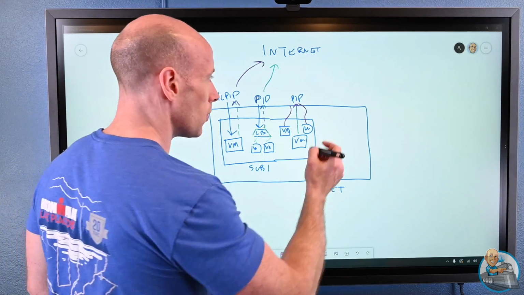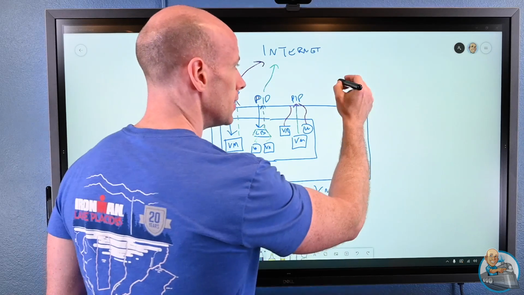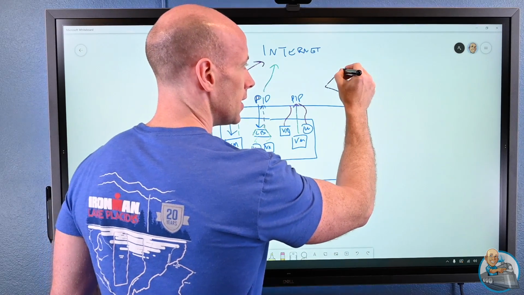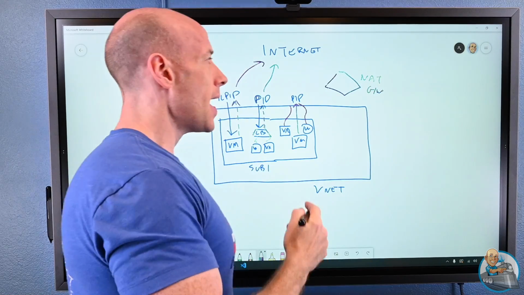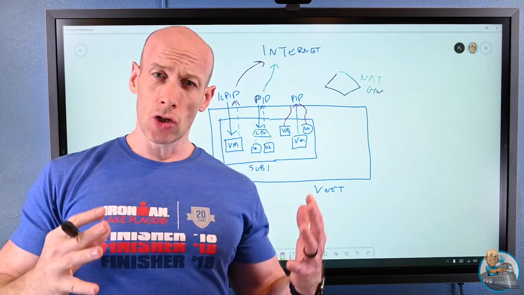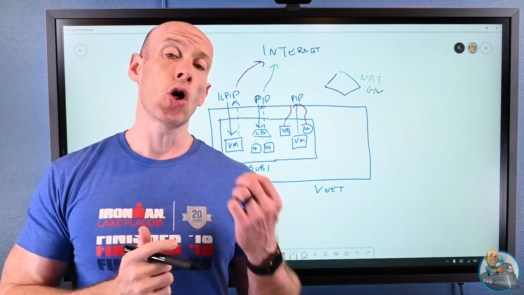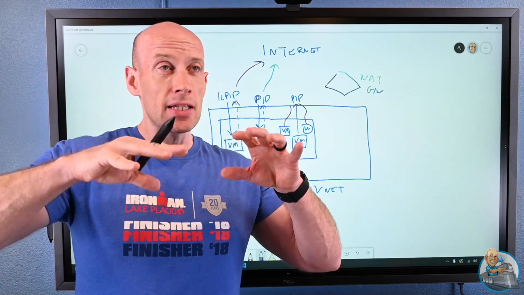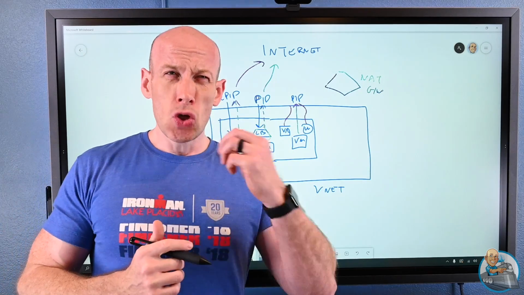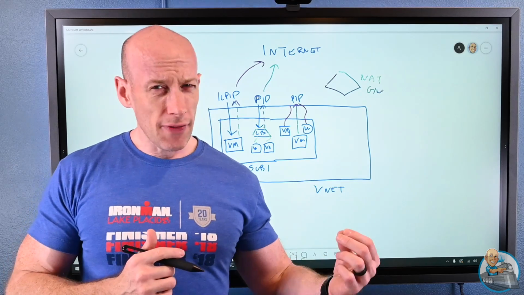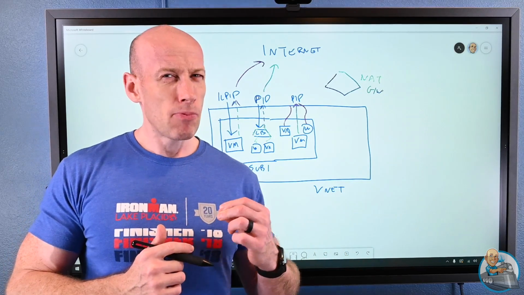So with NAT Gateway, I create this kind of NAT Gateway resource. And it can either be regional or it can be zonal. So zonal means it is isolated to the zone I select. Now, I could still use it from resources that are in different availability zones, but you probably wouldn't want to.